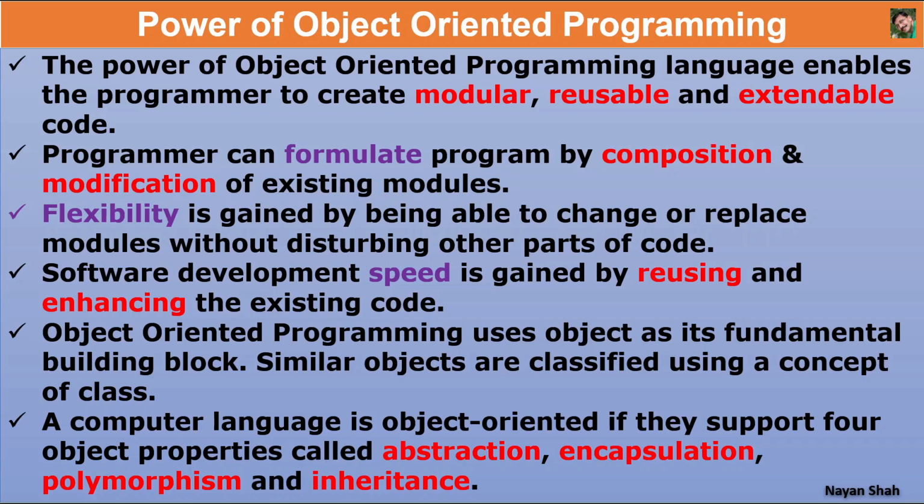A computer language is object oriented if it supports 4 object properties called abstraction, encapsulation, polymorphism and inheritance. Now what is the meaning of all these 4 properties of object? We will discuss further in this chapter, chapter 6, the meaning of abstraction, encapsulation, polymorphism and inheritance.